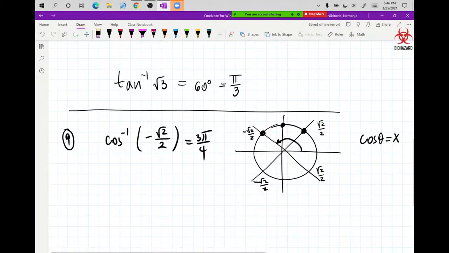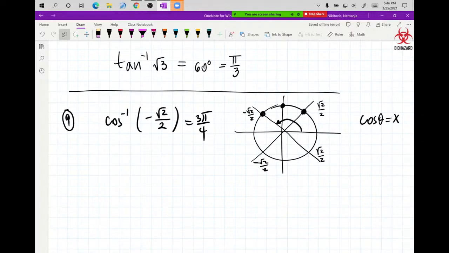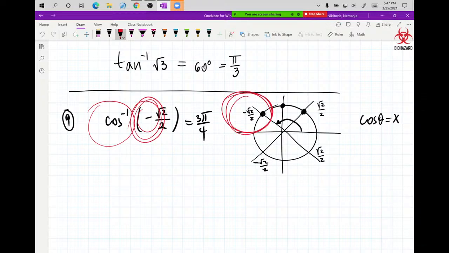We did this one example, example 9, in which the √2/2 values happen at pi over 4, and then we were looking for the inverse cosine of negative √2/2. That was at 3 pi over 4, so that was our answer.